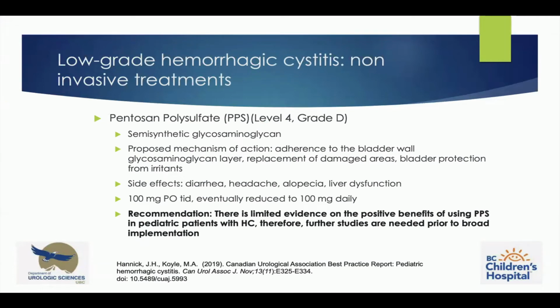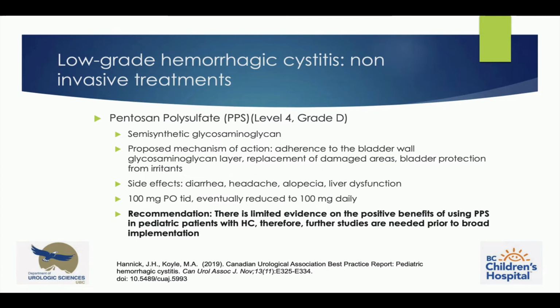So if that doesn't work and the hemorrhagic cystitis is of low grade, then we can start non-invasive treatments. So the first one is Elmiron or pentosan polysulfate, and this is a level 4 grade D recommendation.